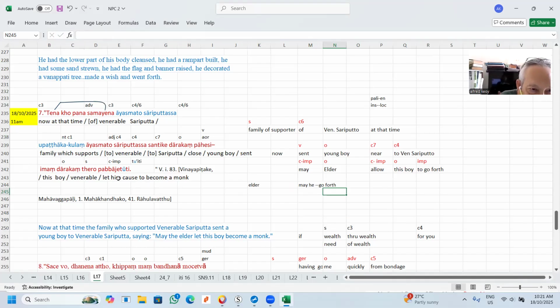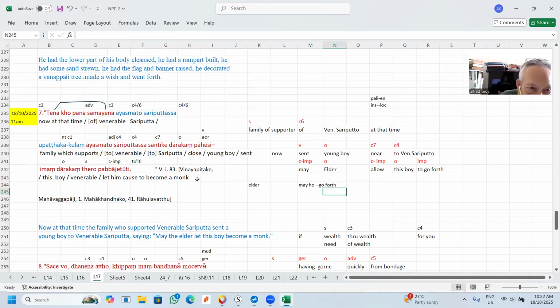So in this case, you can put the whole sentence here. However, in English, can you see this one? The moment we use English format, may the elder allow. Allow, because this is imperative. Allow, let, and that is the same imperative.